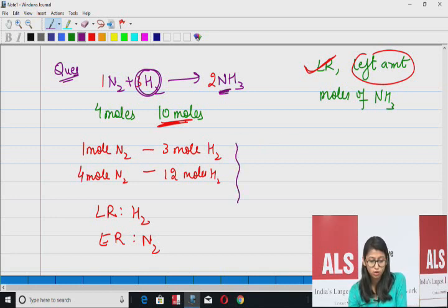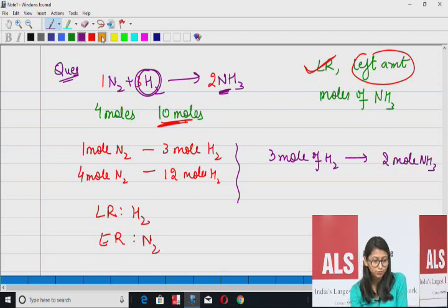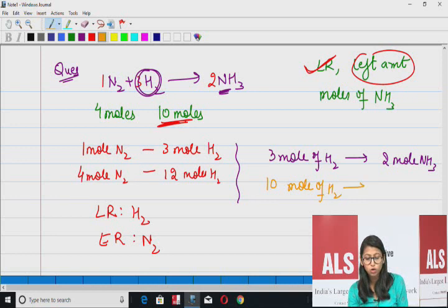It's easier because 3 moles of H2 is giving me 2 moles of NH3. How much do I have? I have 10 moles. Now there is no work for the 12 moles, okay? So 10 moles of H2 will give you how much NH3? 2 by 3 into 10. That would be about 20 by 3. Nobody is getting 20 by 3. Check if this is correct.